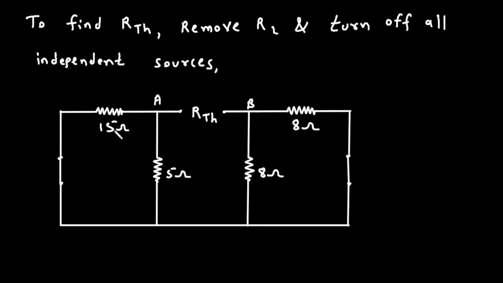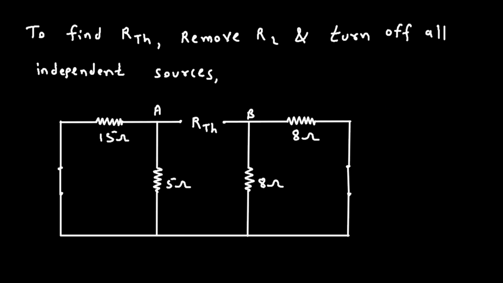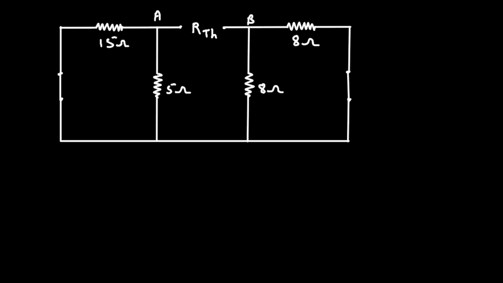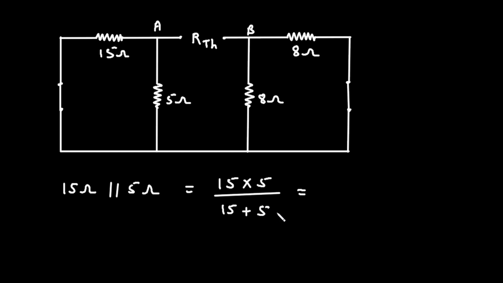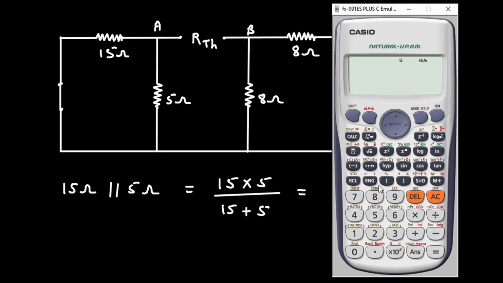Now here we can see this 15 ohm and this 5 ohm are connected in parallel. So here we can write 15 ohm parallel with 5 ohm. If we solve this, we get 15 into 5 divided by 15 plus 5.